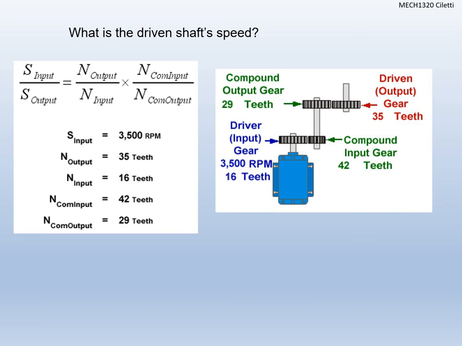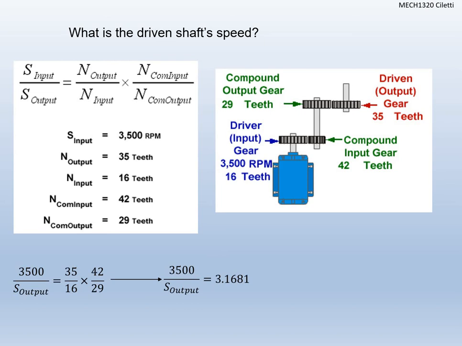So I'm just going to substitute all of our given data into the equation above. So you can see as such. Then we're going to take that ratio, that 35 over 16 times 42 over 29, and we're going to get our value there. So our ratio ends up being 3.1681. And then since I need to find output speed, I'm going to multiply both sides by output speed and then divide both sides by the ratio.